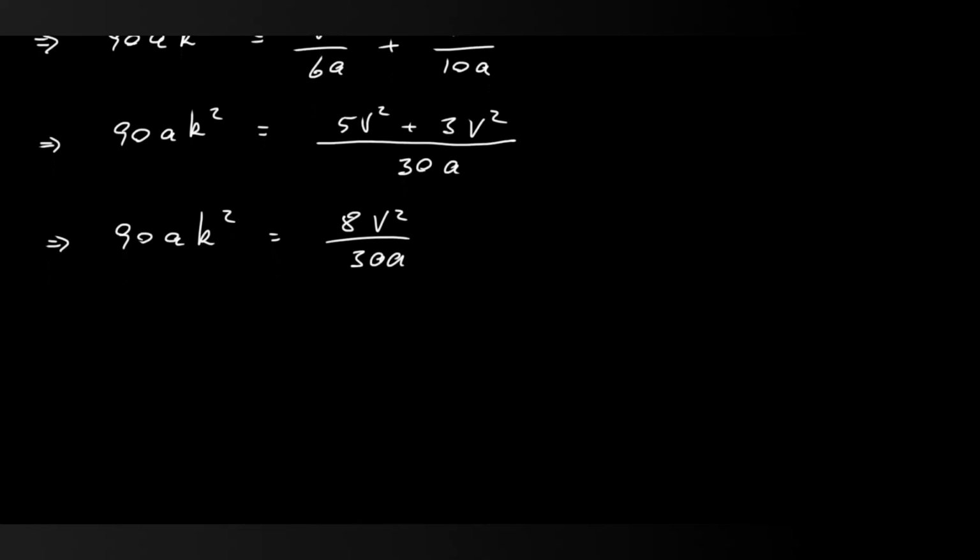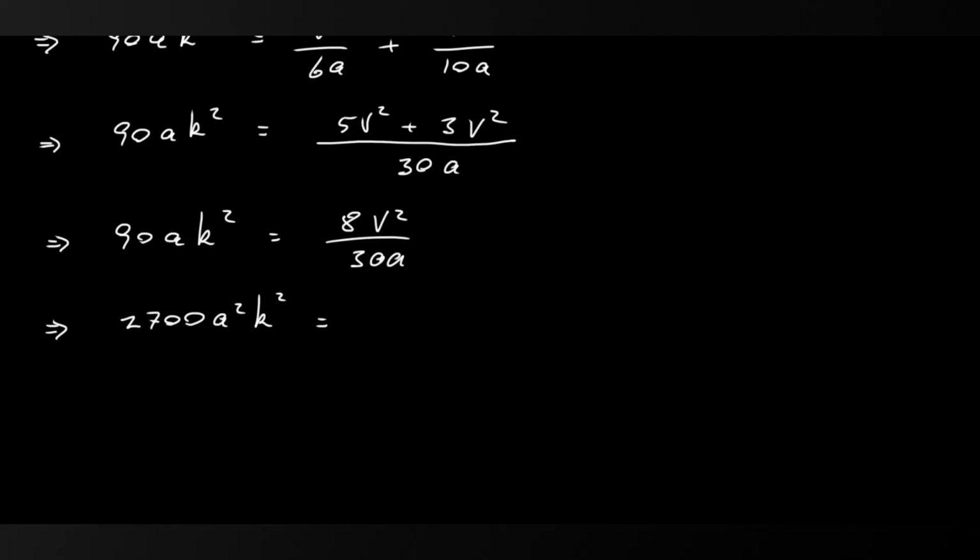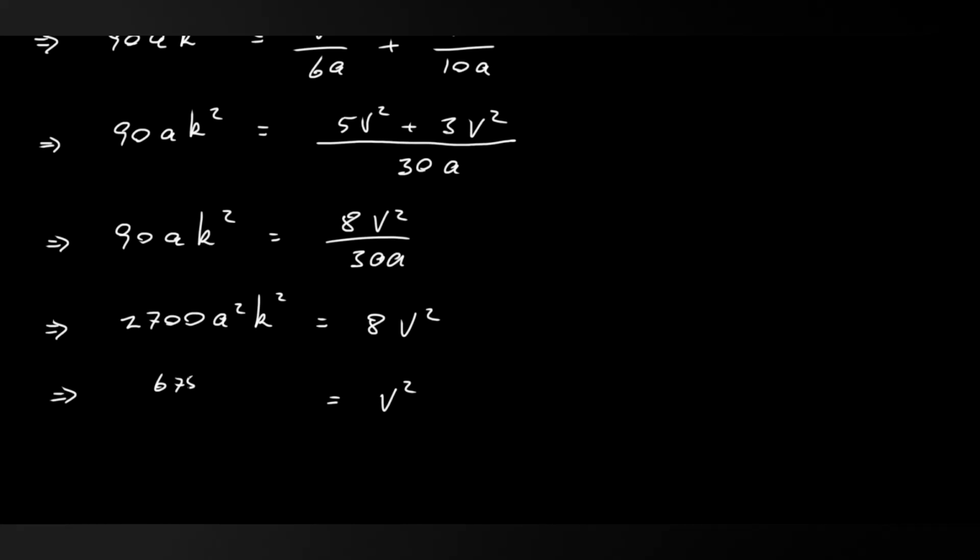Okay, so the next thing I'm going to do is I'm just going to multiply both sides by 30a. So multiply the left hand side by 30a, that'll give me 2700a²k², and that's equal to 8v². Divide both sides by 8, that'll give me a v² on the right hand side anyway, and on the left hand side I'll get 675 over 2, and I've got a²k².